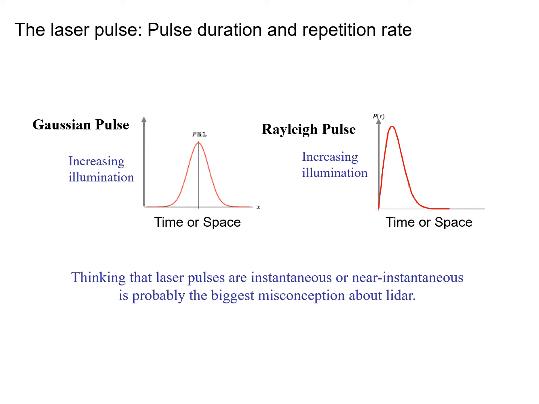In that case, the pulse takes a little longer time to decrease in power. And thinking that laser pulses are instantaneous or near instantaneous is probably the biggest misconception about Lidar, because as we'll see, it does have an effect on how you interpret the data.